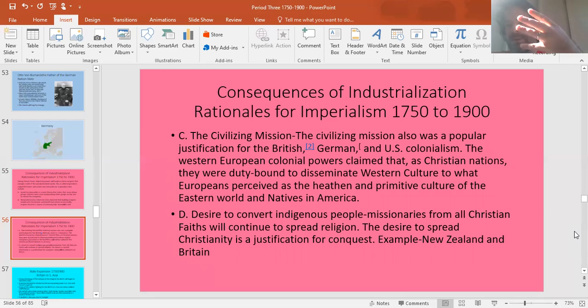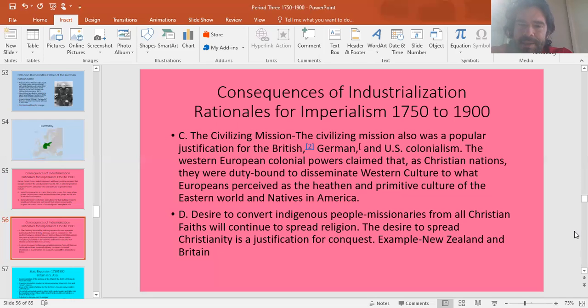And then the fourth reason is, and this is different from the Civilizing Mission, it truly is, you do see groups of people in each of these states who genuinely wanted to spread Christianity for truly what I would call matters of belief. You've got groups of people who will send missionaries all throughout the world to try to convert natives to Christianity.